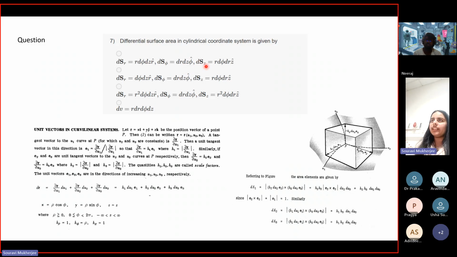And then ds z. ds z again tells us H1 is 1, H2 is r, which is your radius, du1 is dr, du2 is d phi. So that tells you this should be your answer. Okay, so that's how you can find the differential surface area. Similarly, you can also find volume where you multiply all three together. So that's how you can do it for any coordinate system.